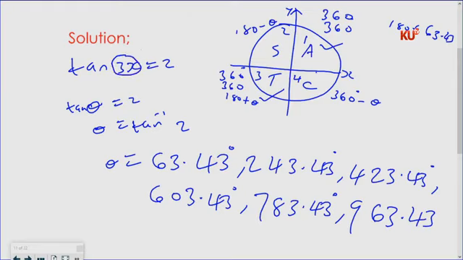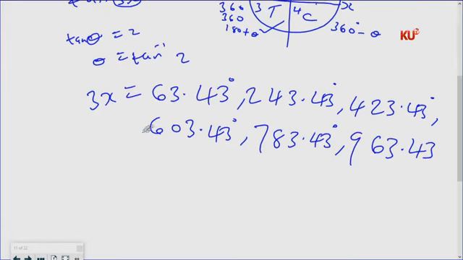Remember, this is the point where you need to factor out your 3x. Remember, we had avoided this 3x and we said let theta be equal to 3x. So you can now do away with this and say 3x is equal to all these values. So we need to get the values of x. How do you get the value of x, learner? So you can have this 3x is equal to, take the first angle, which is 63.43.